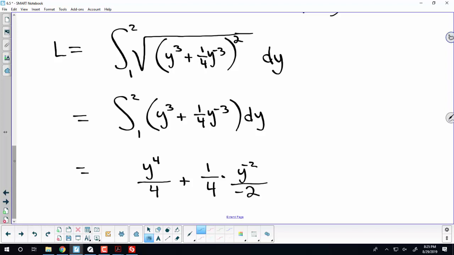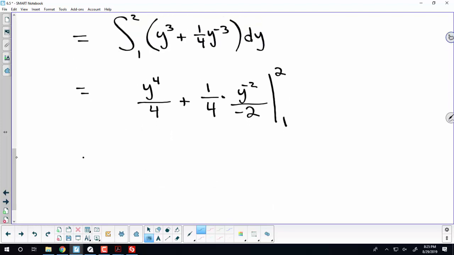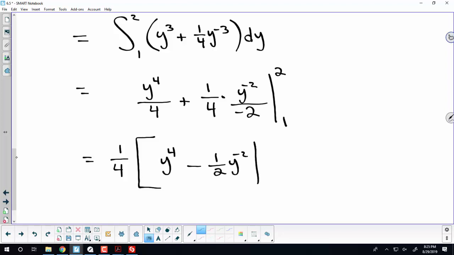We'll combine that with the positive 1/4. So since both of them have a 1/4, I would just take that out and not deal with that until after the fact. So we have y to the 4th here, minus 1/2 y to the negative 2, from 1 to 2.